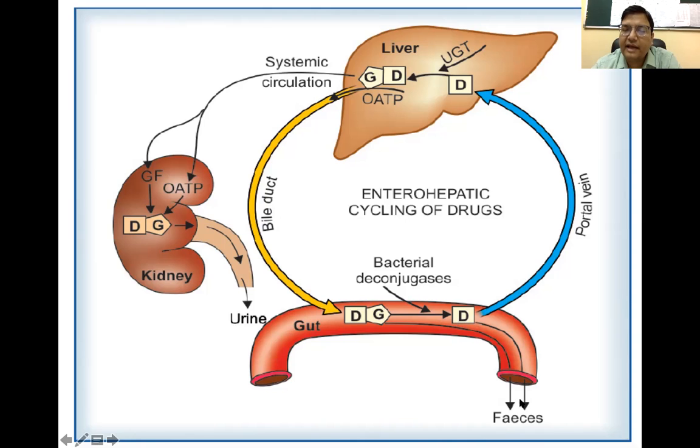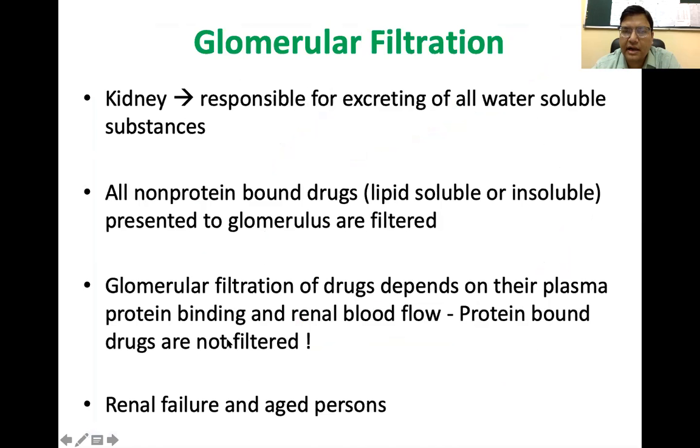Some of the free drug is excreted in the feces, and the rest is reabsorbed through the portal vein, comes back to the liver, and from the liver it can go into the systemic circulation. Some drug from the systemic circulation also gets excreted by glomerular filtration or tubular secretion, so the drug comes out through the urine also. So these are the different sites from which the drug is excreted from the body.